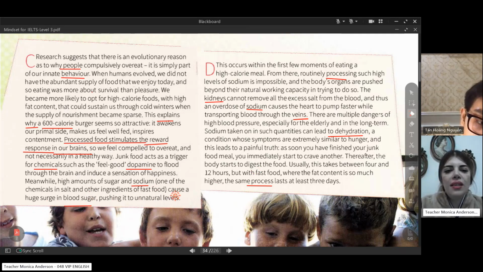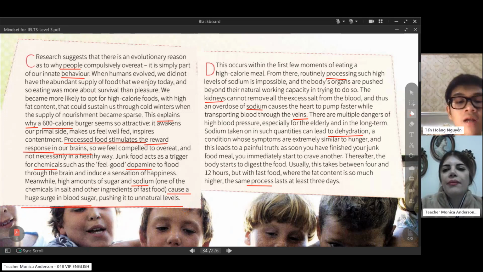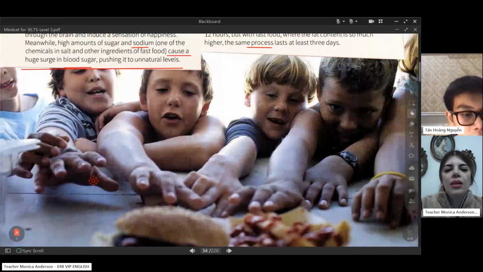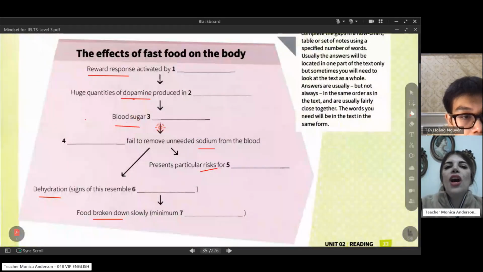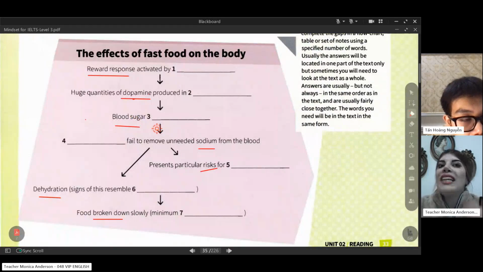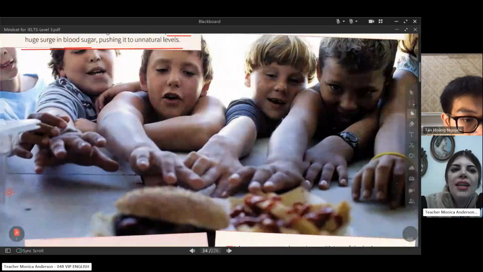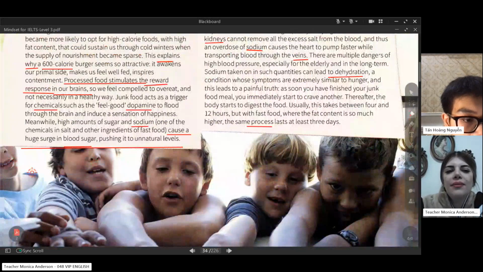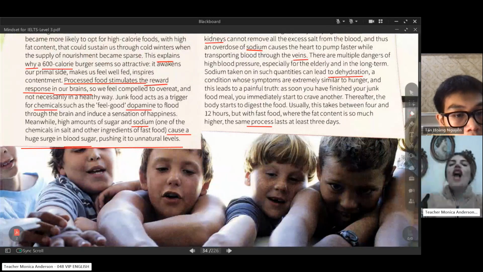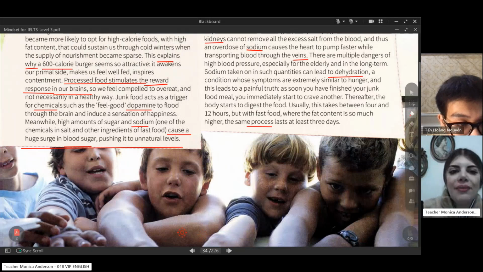Just read. But I don't remember the table, teacher. Okay, so look, blood sugar, what? I need a verb here. What happens to blood sugar? So let's check it again. Blood sugar what? Cause huge surge. Okay, cause a huge surge, but of course we have word limits, so I don't want to read the whole sentence.